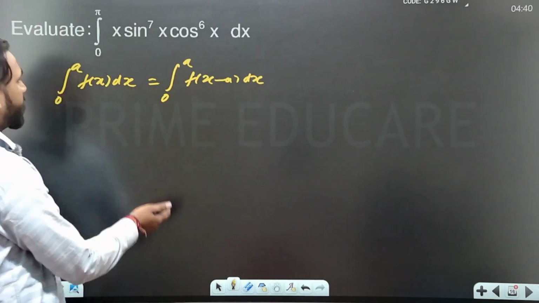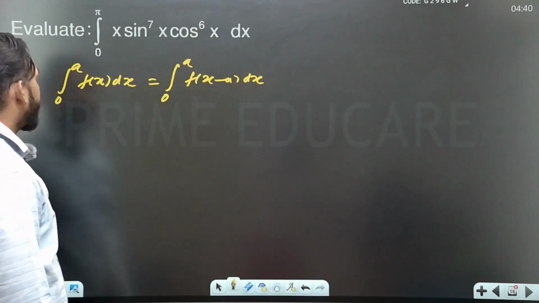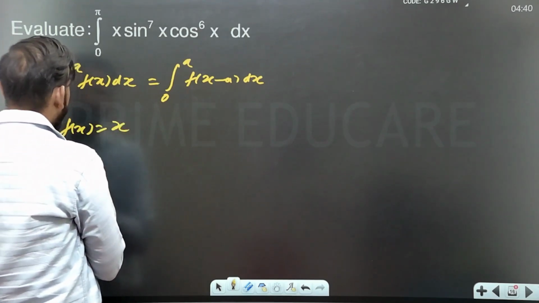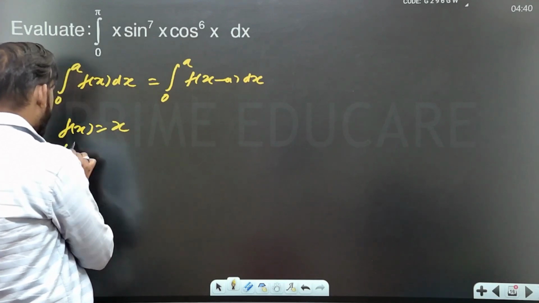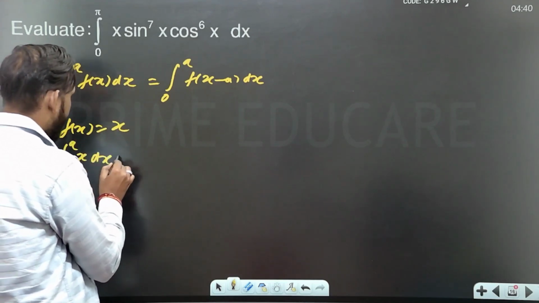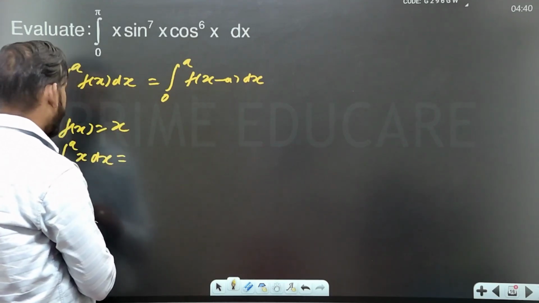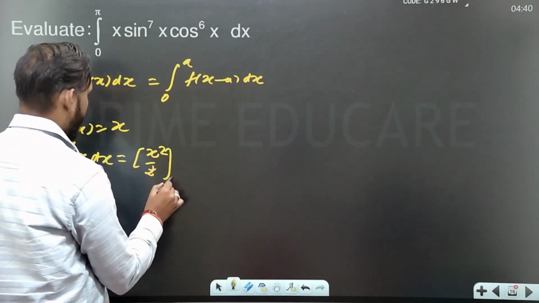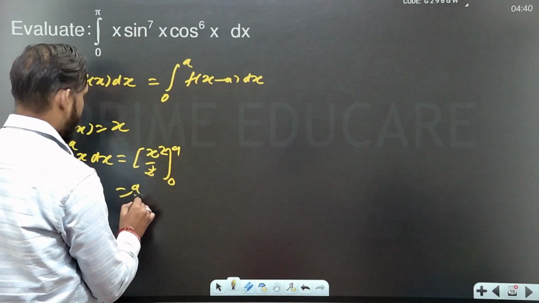We can also verify this with f of x equal to x. The integral from 0 to a of x dx equals x square by 2, and the value of this is a square by 2.